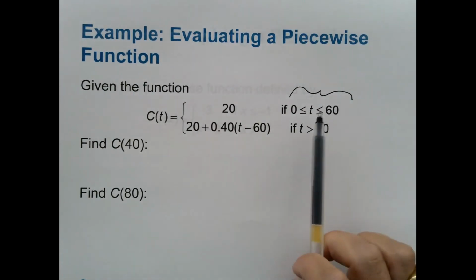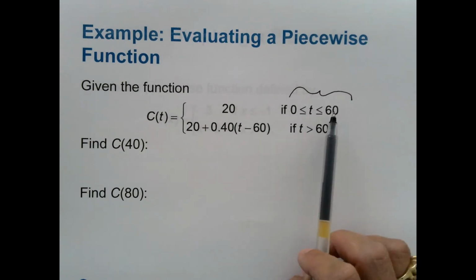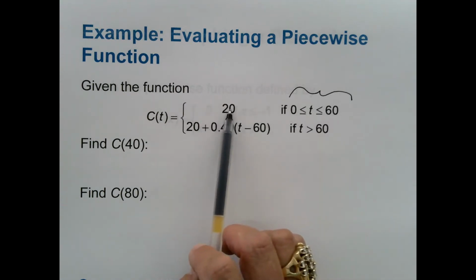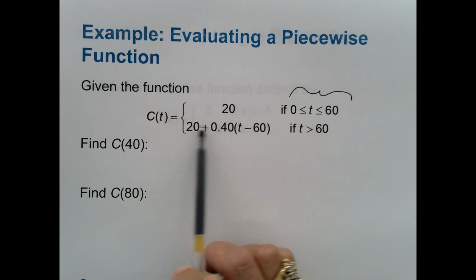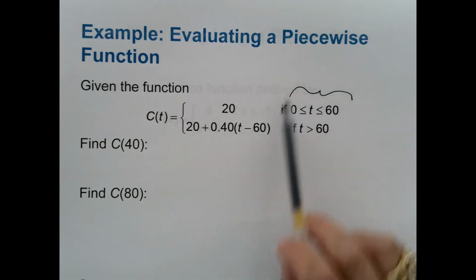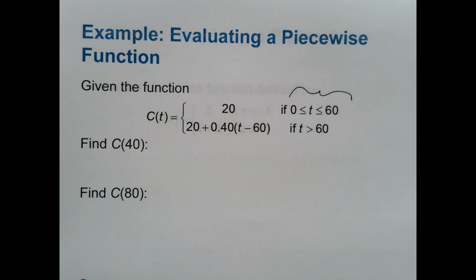So when I'm trying to plug in a t value between 0 and 60, including 0 and including 60 because of the equal signs down here, I'm going to use the value 20. When I try to plug in a t that's greater than 60, that's when I use the second piece of the function. And so these are your directions. These tell you where to go, and they make up the pieces.